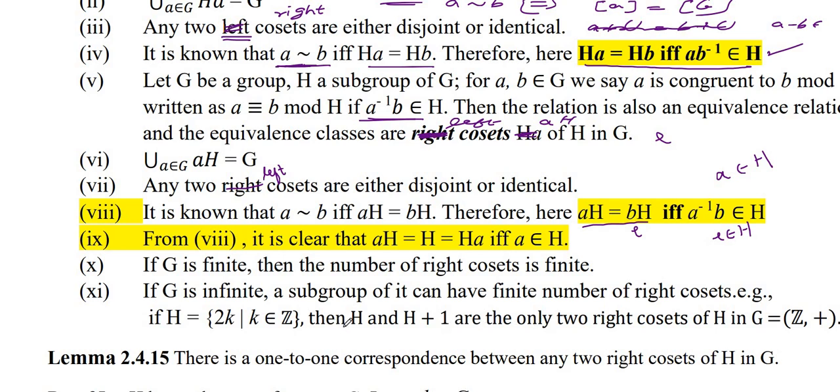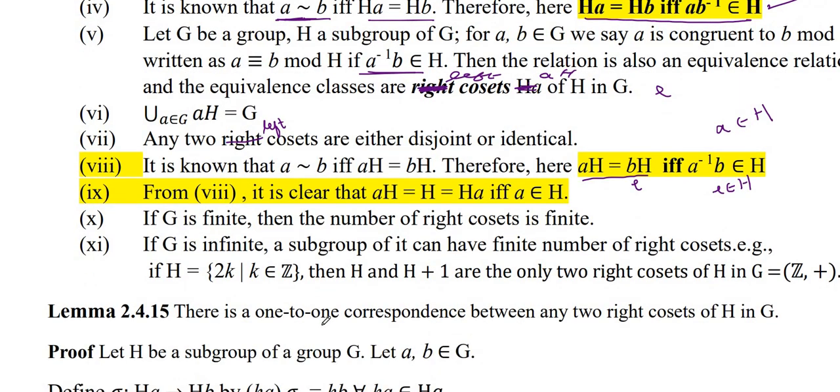So this one will account for all even numbers and this one will account for odd numbers. The union of them gives rise to G. So we cannot always have an infinite number of right cosets if G is infinite. The possibility is it can even have a finite number of right cosets or left cosets. In this case, G is abelian, so either you talk about right or left coset.